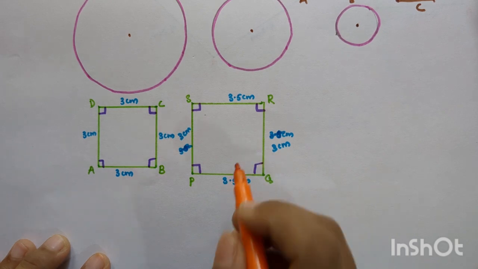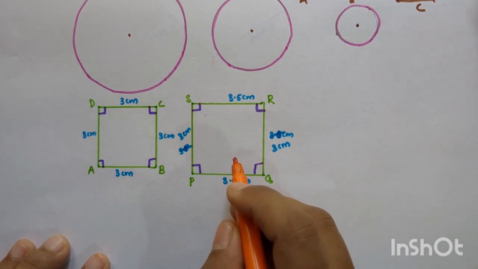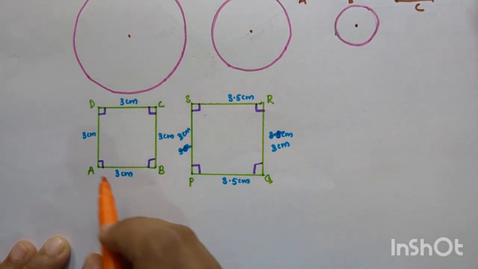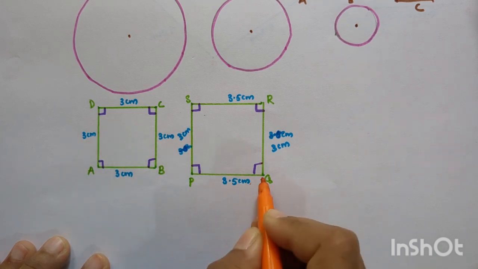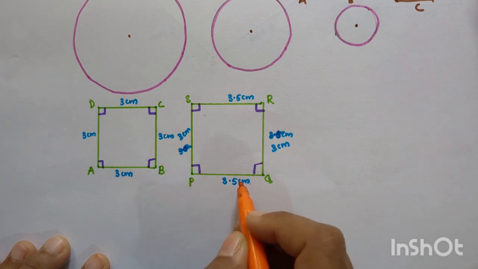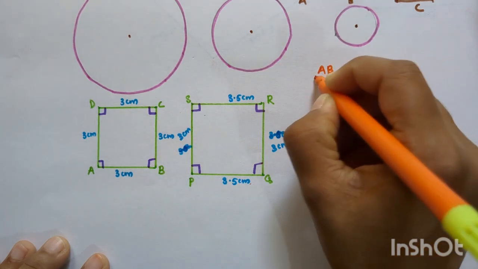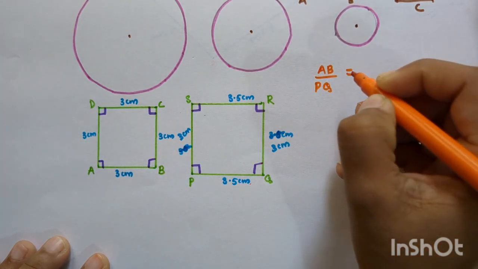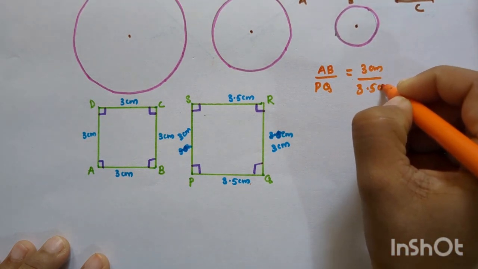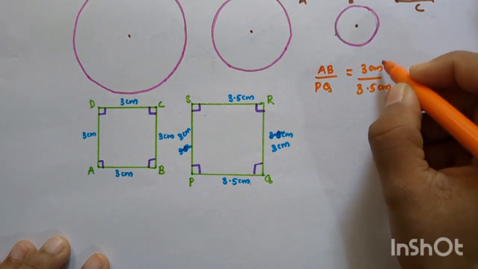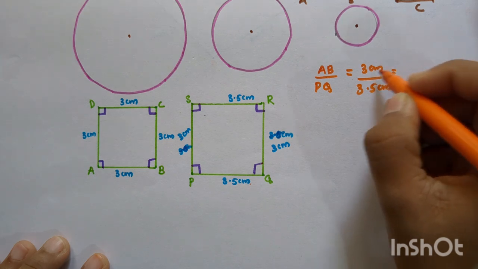Now, what about the ratio of their corresponding sides? See, corresponding to the side AB, here we have the side PQ. So the ratio of the corresponding sides, AB divided by PQ, will be equal to 3 centimeters divided by 3.5 centimeters. You can just multiply the numerator and denominator by 10.